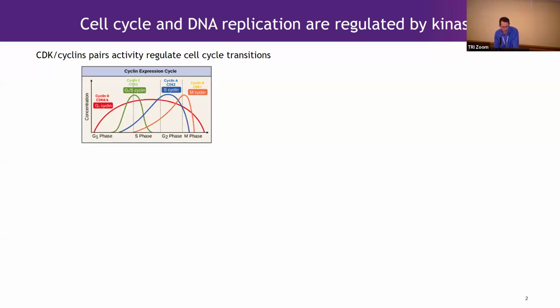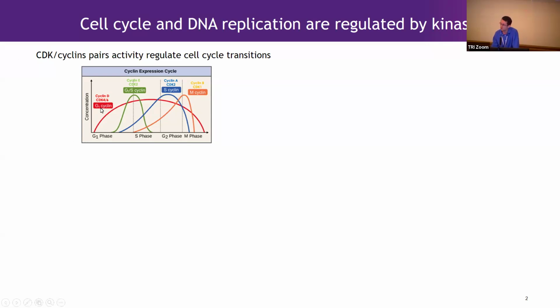The cell cycle is regulated by pairs of CDKs, that are cyclin dependent kinases, and their partners, the cyclins. These pairs of proteins activate and lead cells into the cell cycle. For example, here we have CDK4/6 that Maria just talked about.